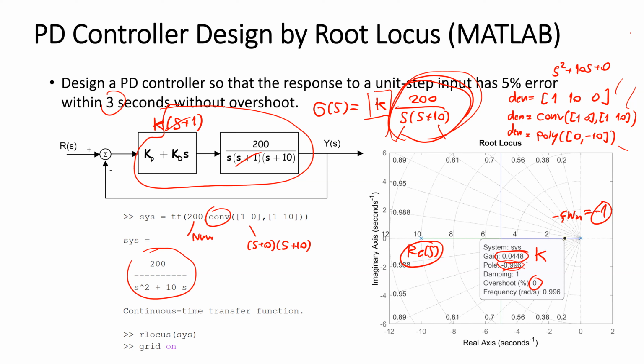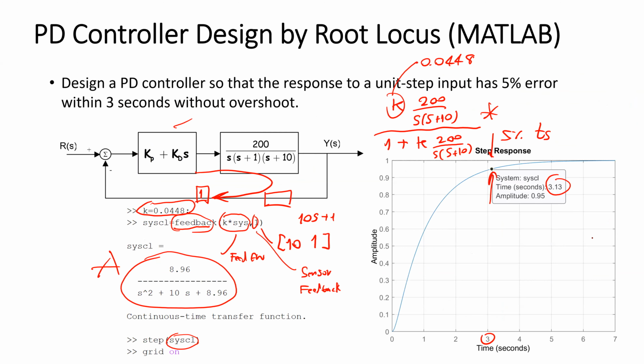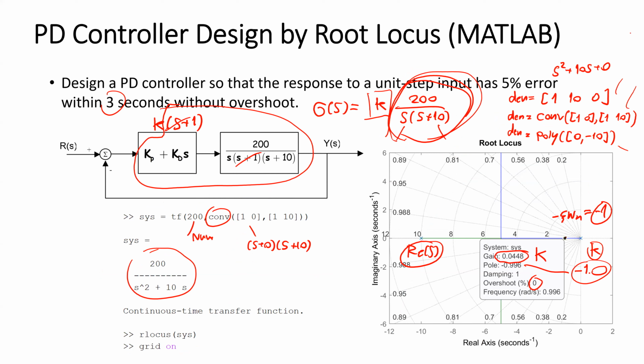You should pick something like minus 1 point something, and you get the gain K. And if you use that gain K, I believe that the settling time will be less than 3 seconds. And for this case, we don't have overshoot, which makes sense because the pole is on the real axis, no vibration, no overshoot, and damping ratio is equal to 1.